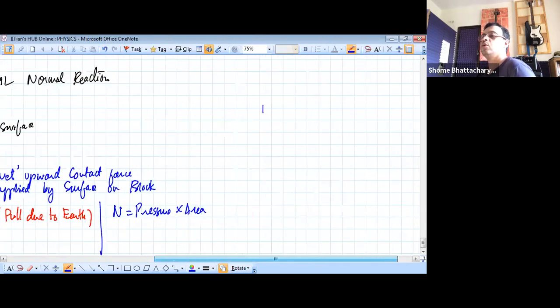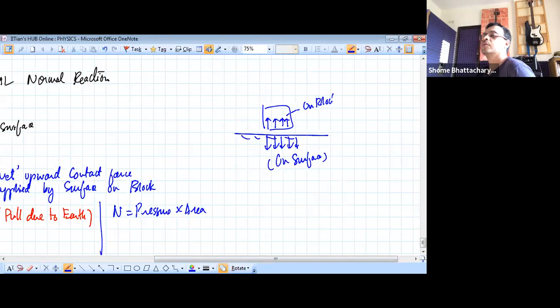The block lying on this surface is applying force due to pressure like this on the surface. So the surface applies an equal and opposite force like this on the block. So the lower face of the block, which is against the horizontal floor, is experiencing upward force vectors because of pressure. So this whole cumulative force, what do we call it? We call it normal reaction.